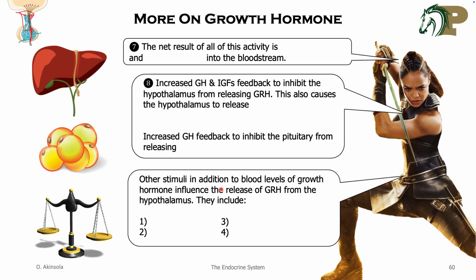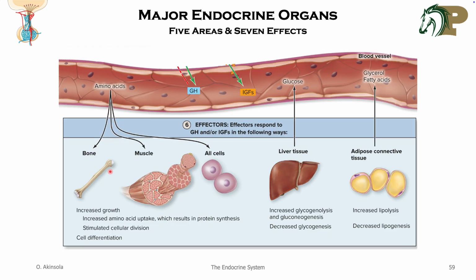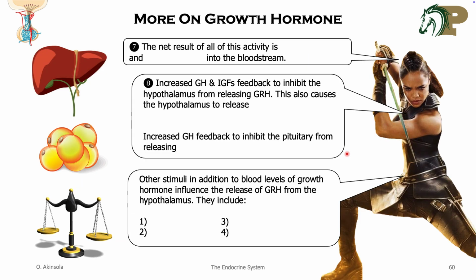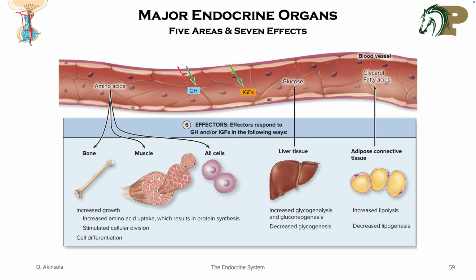It will act on bone, muscle, cells in general, liver tissue, and adipose tissue. The net result of all of this activity is increased growth and nutrient release into the bloodstream. That's number 7.